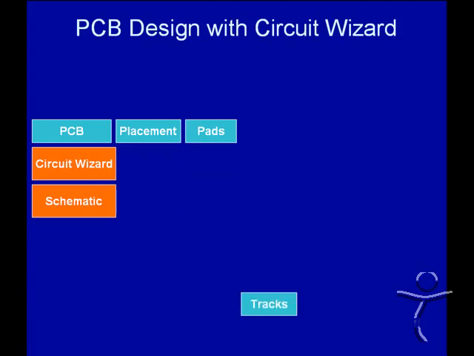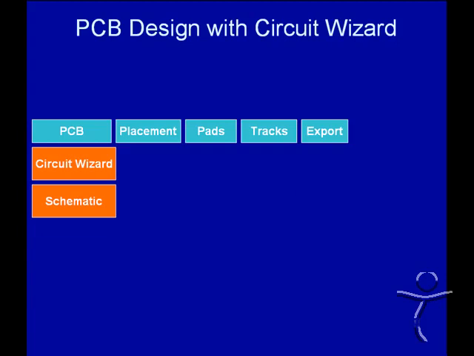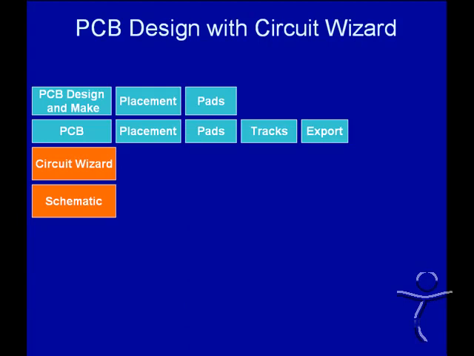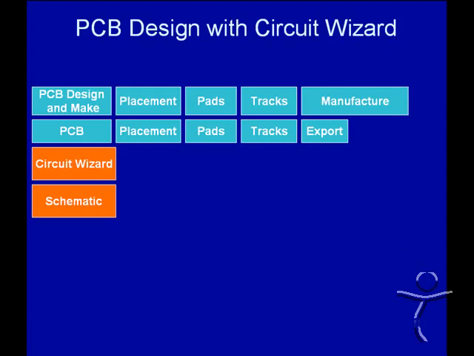We may wish to change the pads and the tracks in this particular process, and then we export our PCB into PCB Design and Make through the Copy Cam Data option. We then open PCB Design and Make. We can check the placement of our components. We may wish to modify our pads to make sure they are sufficient size for soldering and engraving and drilling. We verify the tracks that are not coming too close to any pads and producing problems, and then proceed to our manufacturing option.